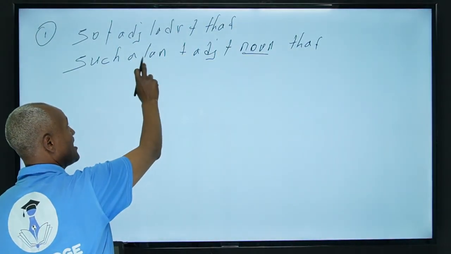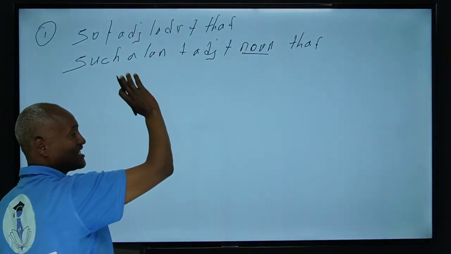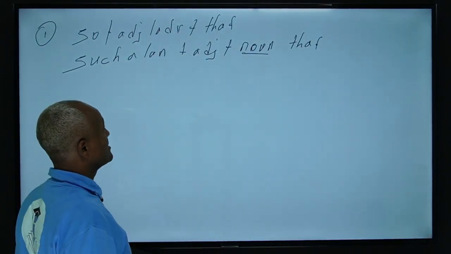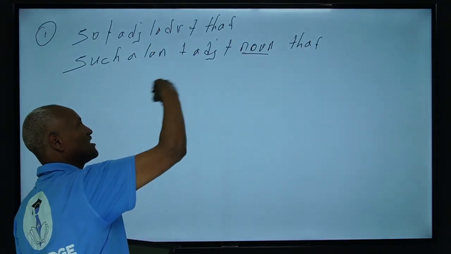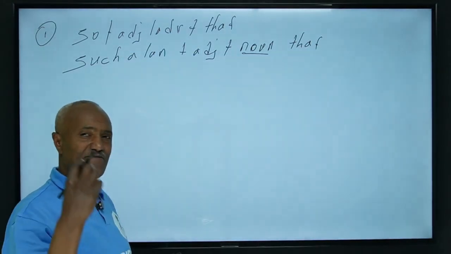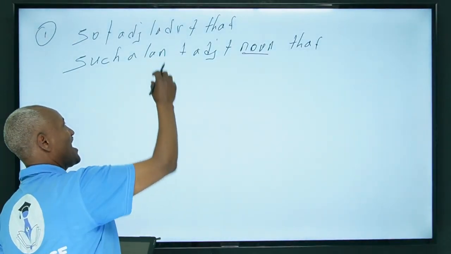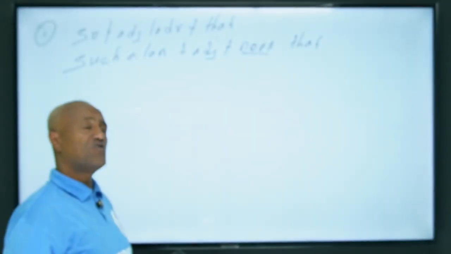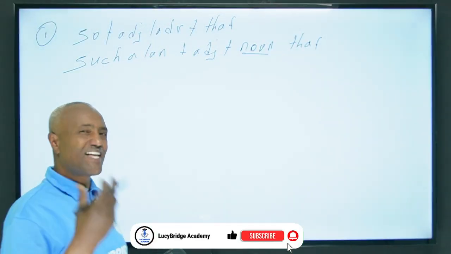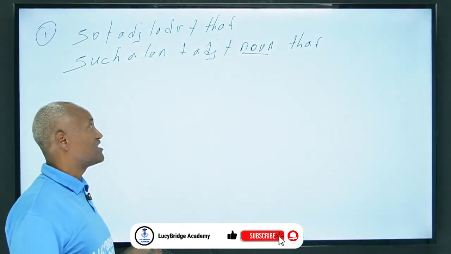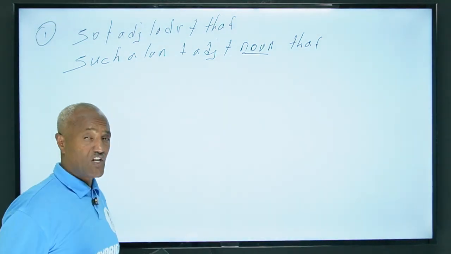We use a with a letter that has a consonant sound. We use an with a letter that has a vowel sound. This is what you have to remember, but there are exceptions.